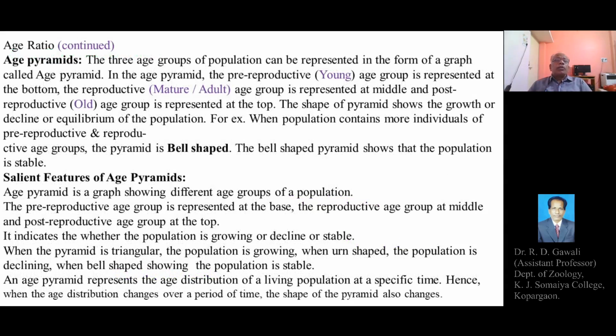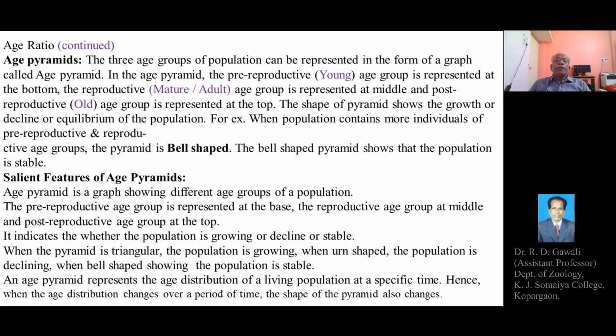Then the next point is age pyramid. The three age groups of the population, that is the pre-reproductive group, reproductive group and post-reproductive group, can be represented in the form of a graph called an age pyramid.